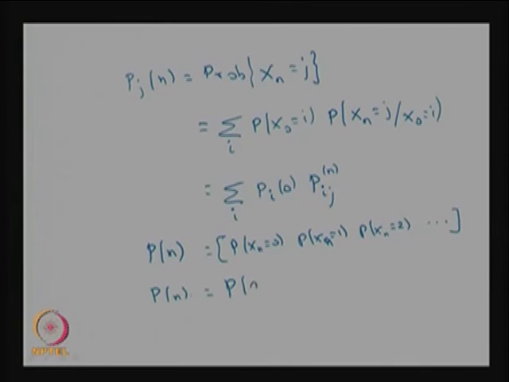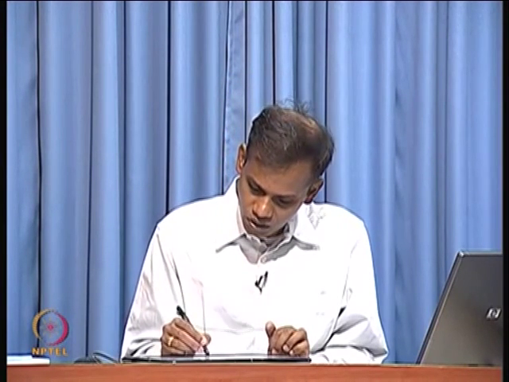It is going to be p of 0, that is also a vector, the initial probability vector, multiplied by P superscript within bracket n, that is the n step transition probability matrix, but the n step transition probability matrix is nothing but P power n. Therefore, this is the same as p of 0 into P power n.